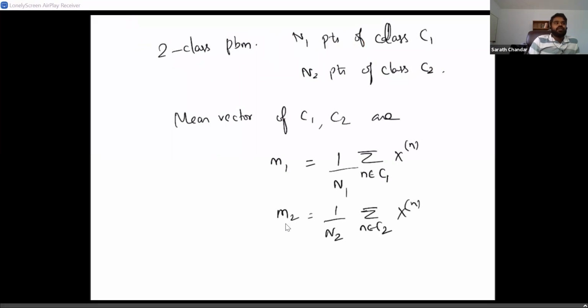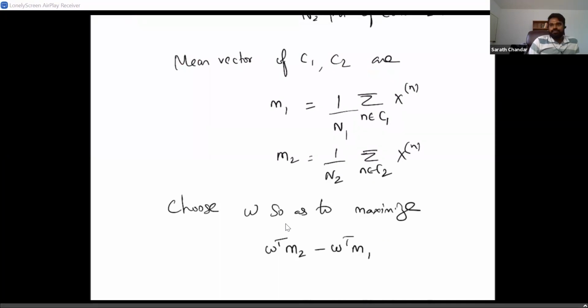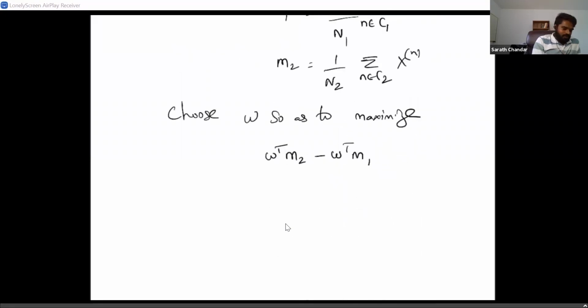Now the problem is you choose W so as to maximize W transpose m2 minus W transpose m1. Let me write it as the objective function that we want.